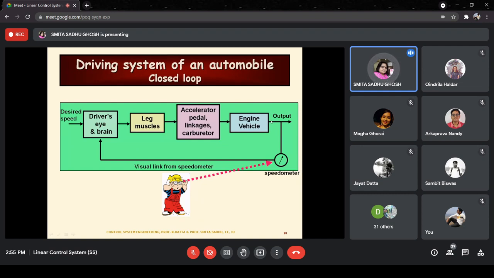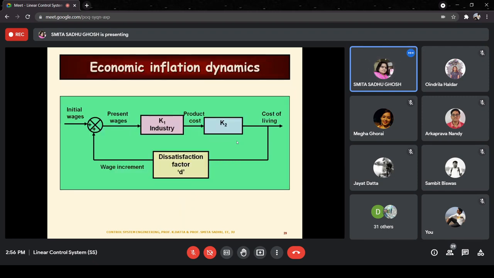So the output, if it increases, corrective action will decrease it, and vice versa, because this is a negative feedback system. So as I stated, most of the systems that we deal with are going to be having negative feedback. One exception to this is the economic inflation dynamics, which is a positive feedback system.